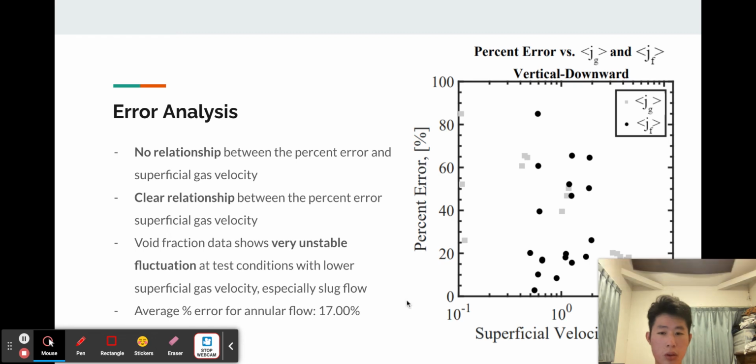As superficial gas velocity increases, the percent error decreases. But void fraction data shows very unstable fluctuation at test conditions with lower superficial gas velocities, especially in slug flow.